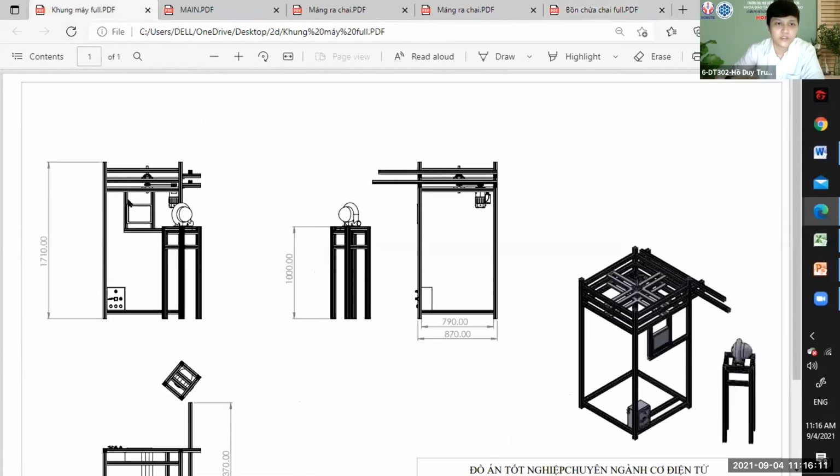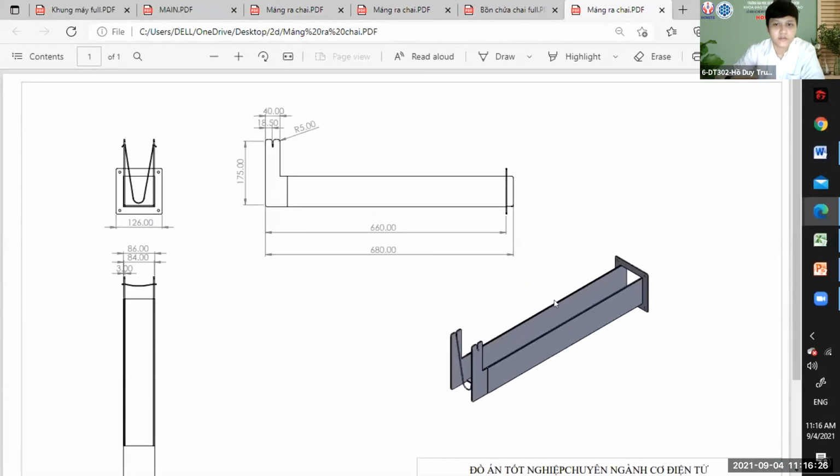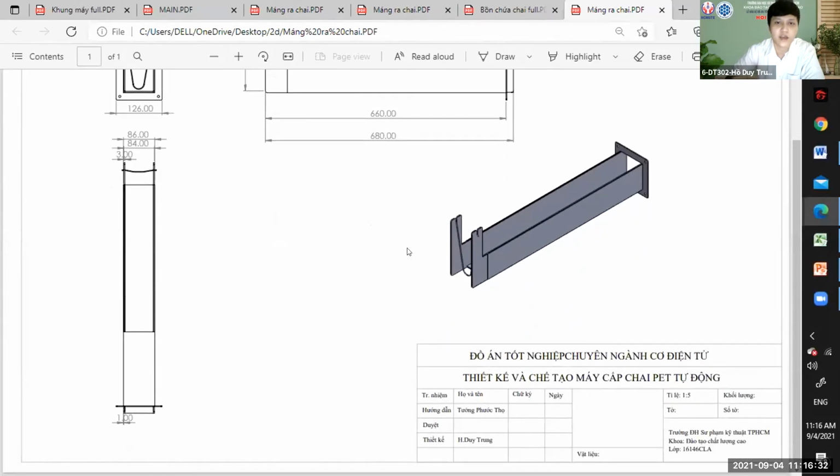The frame too, but the HMI and the electrical cabinet we had to redesign. Also, the most important thing is this one, our redesign for a more compact and effective way for the bottle to get outside.